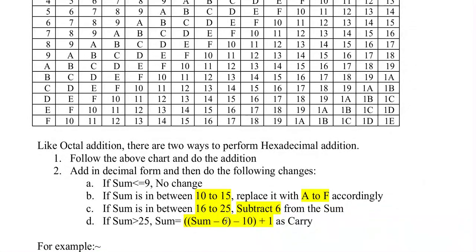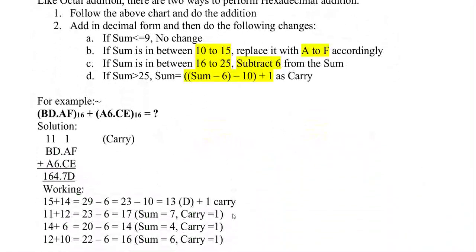Let's see an example. See here, one example is given: BD.AF plus A6.CE. So I'm adding. First, F plus E. F is 15, E is 14. So 15 and 14 when I'm adding, my answer is 29.